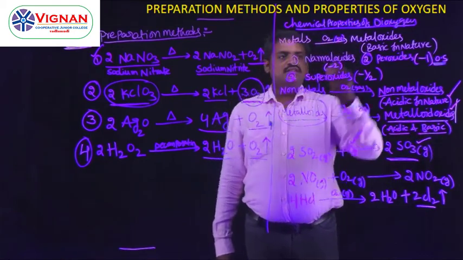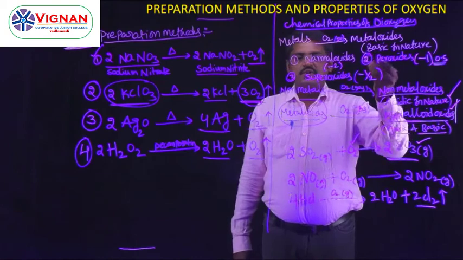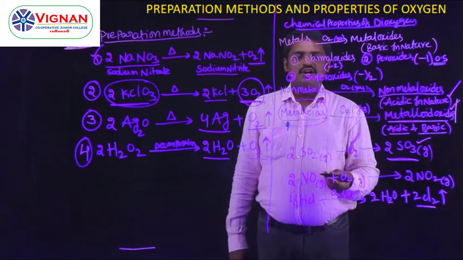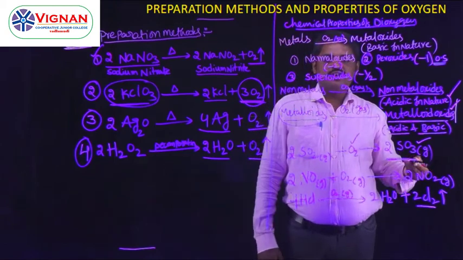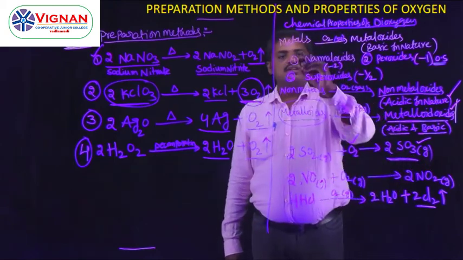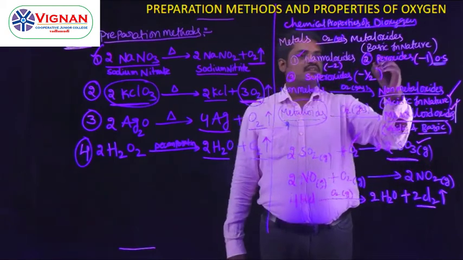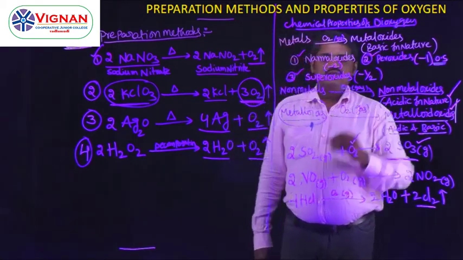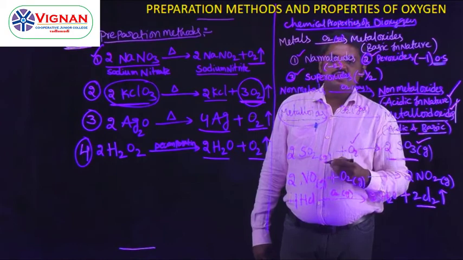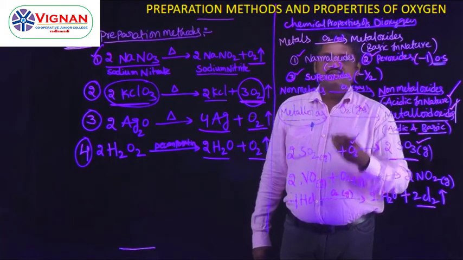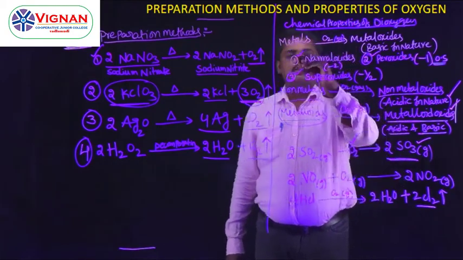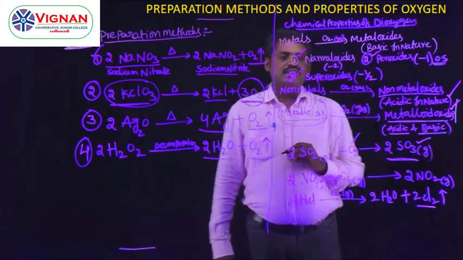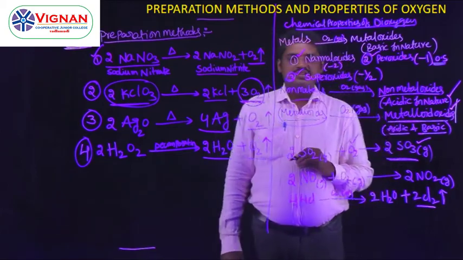And next, an important point: metal oxides are formed in three different forms. The first form is normal oxides, the second is peroxides, and the third is superoxides. Among first group A elements, which are metals, some form normal oxides, like lithium reacting with oxygen to produce normal oxides.